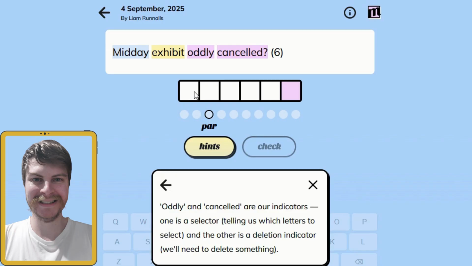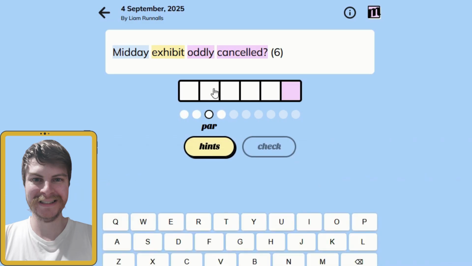Okay, so we've got to pick the, do we pick the odd letters or do we cancel the odd letters? See, cancelled is the whole indicator. So if we keep the odd letters, E, H, B, T. It's only 4 letters.